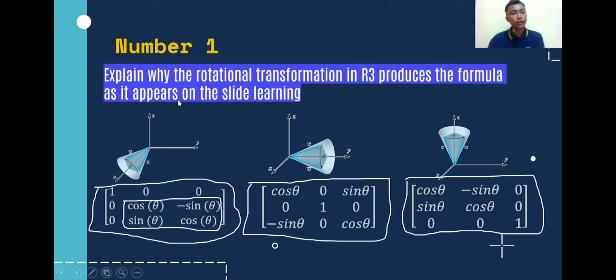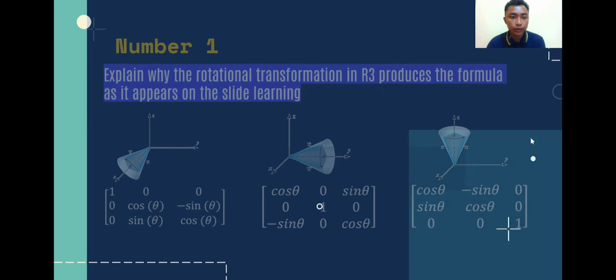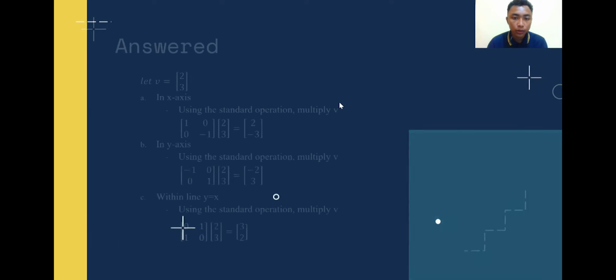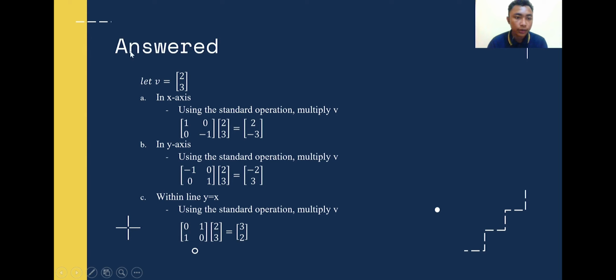So that's my explanation about number 1, and next is question number 2. Put a dot in R2 and use matrix multiplication to determine the point reflection result. A is the x-axis, B is the y-axis, and C is the line y equals x. So the answer is like this.